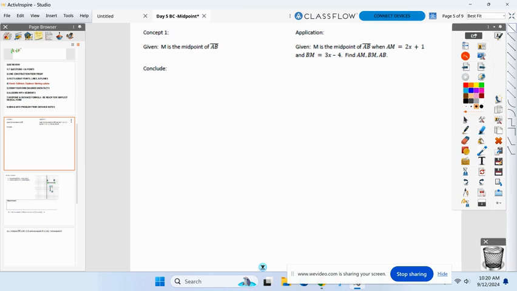So let's first show you, by using a diagram, what a midpoint is. Can you guys, underneath the word conclude, just draw line segment AB for me? Hopefully we're well-versed right now. We can draw a line segment AB pretty easily and quickly.